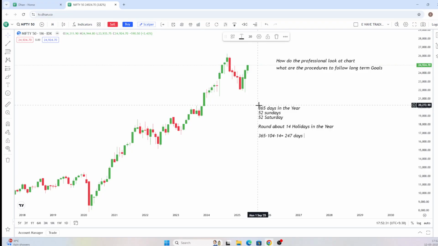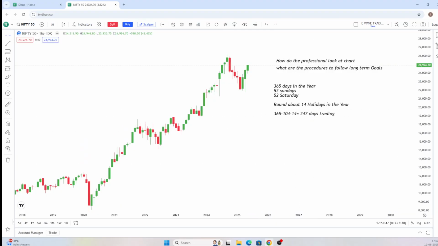which will result in 247 trading days. So basically if you calculate the interest also, for example if you are borrowing money from the bank and paying interest on it, those who are margin trading nowadays, they think they are paying interest for one year, it's big money.